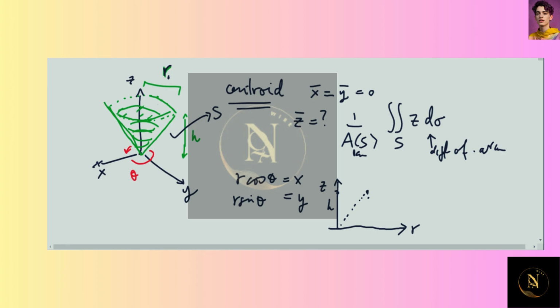So the distance on r should be equal to r naught. This distance there is r naught.